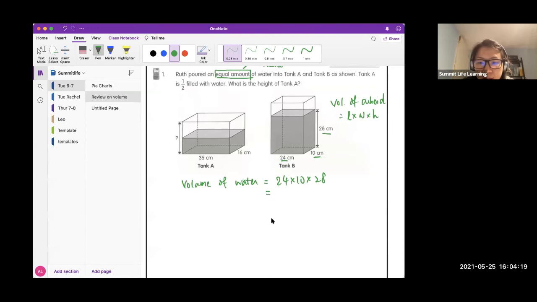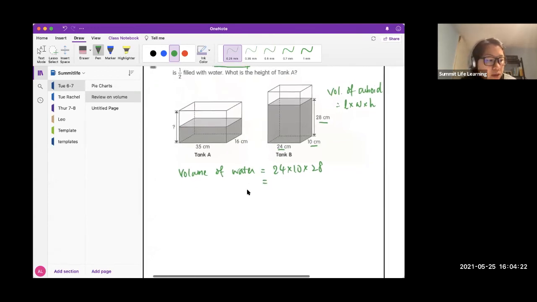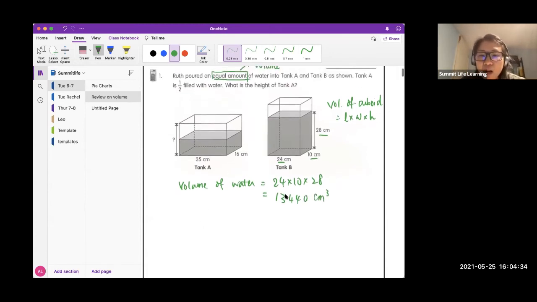Hello, Michaela. When you multiply them together, we just use a calculator, it is 13440 cm³.